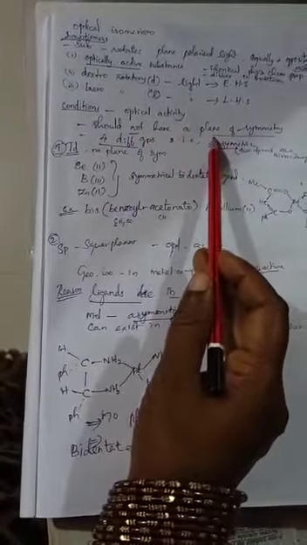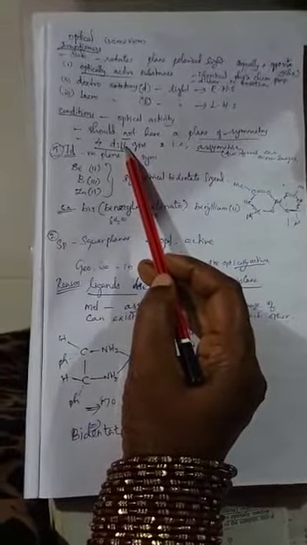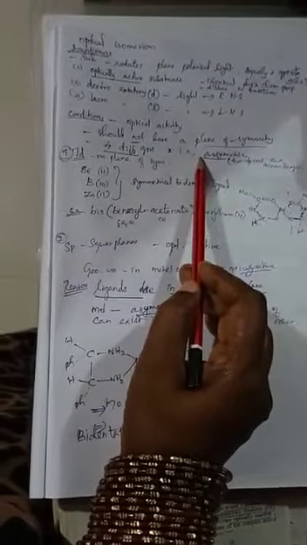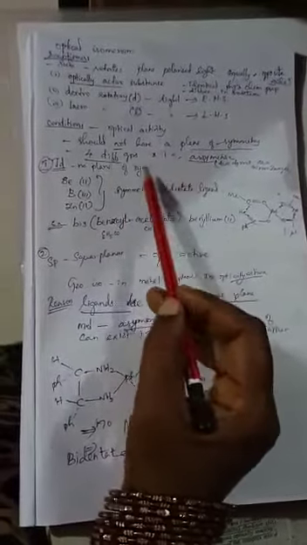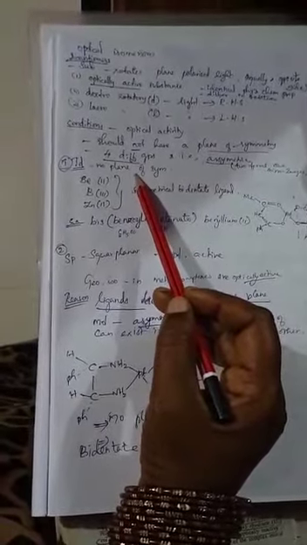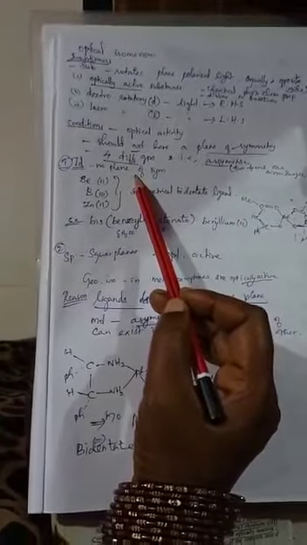Conditions for showing optical activity: it should not have a plane of symmetry. Plane of symmetry means the substance should not be cut into two equal halves. The substance should have four different groups, that is, it should be asymmetric. The same group should not be attached to the central metal, and there should be no plane of symmetry. That is, the substance should not be cut into equal halves.